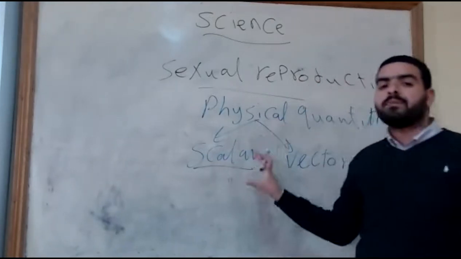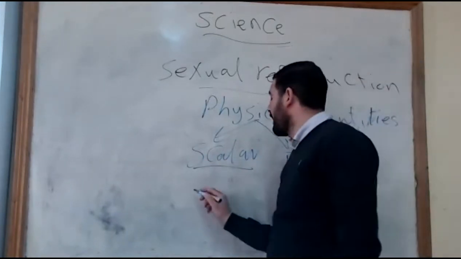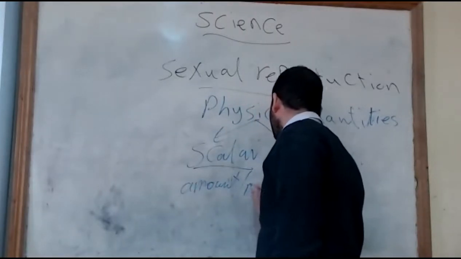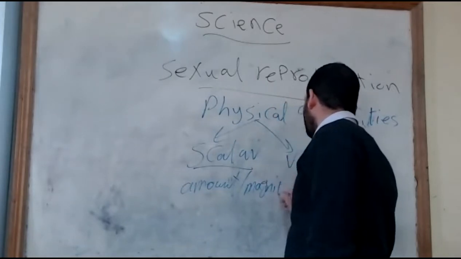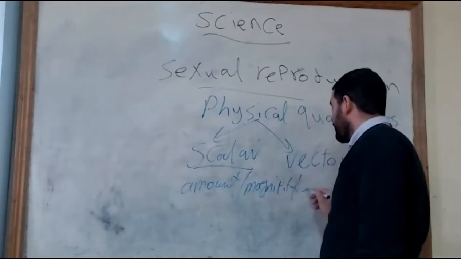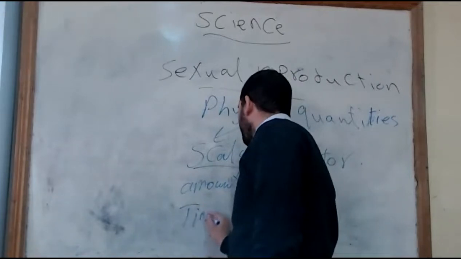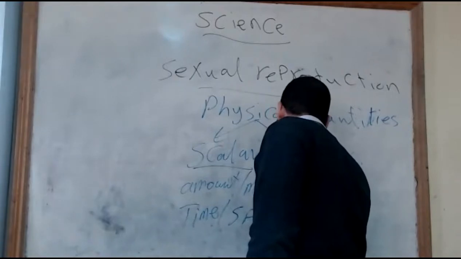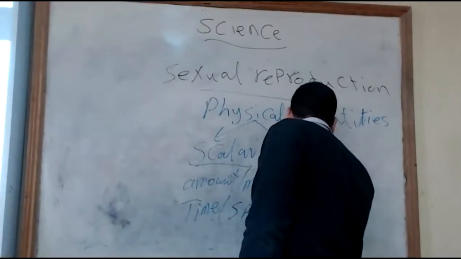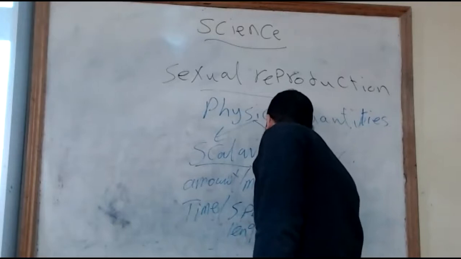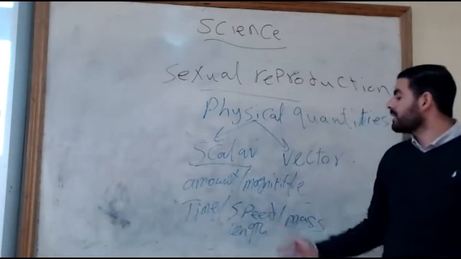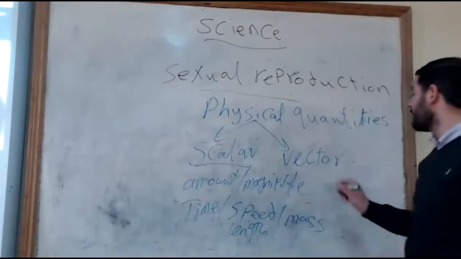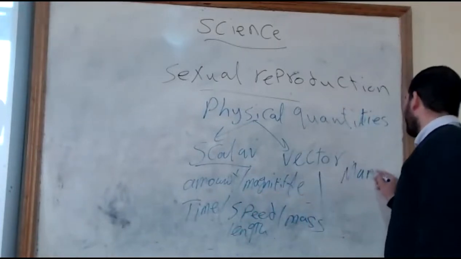Scalar quantities have only magnitude, or only amount. They are like time, speed, mass, length, and so on. All these physical quantities have only magnitude and no direction, while vector quantities have magnitude and direction.